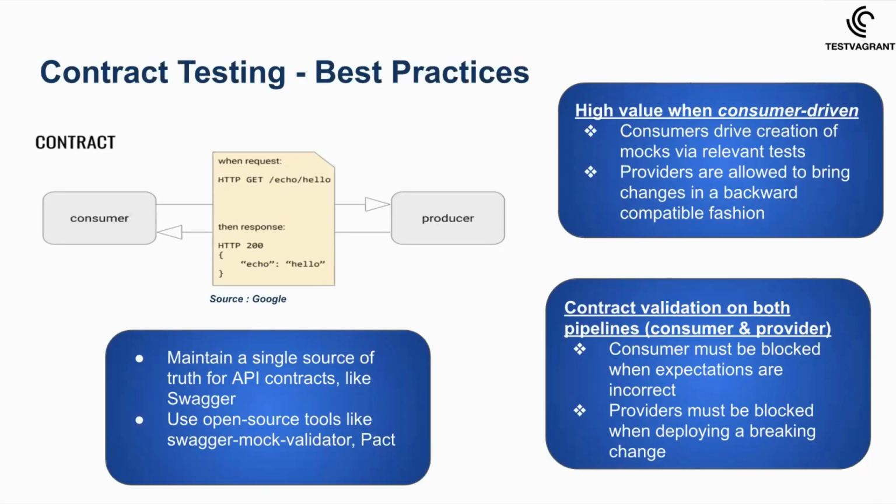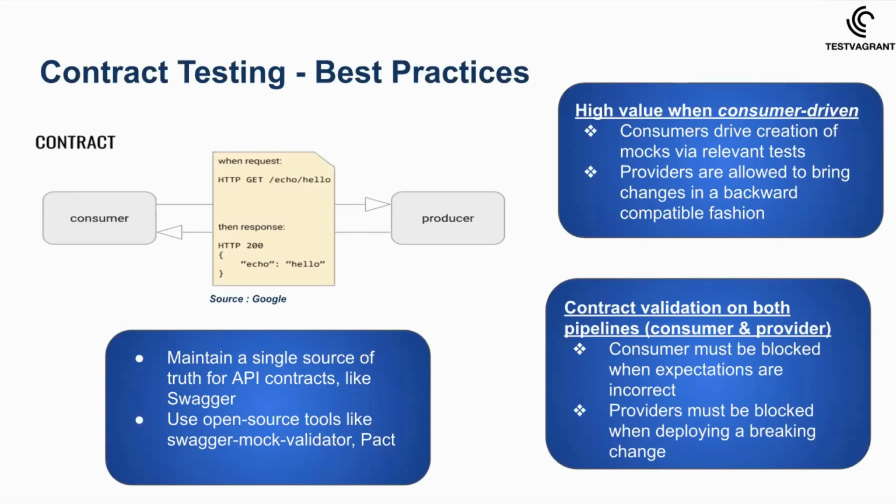Let's say instead of test, they wrote TAST. Now this TAST key is not found on the Swagger spec or on the provider side. So the consumer test would fail. It will tell you, hey, this field is not available. And you get to know, oh, I was expecting something wrong, right? So your consumer pipeline needs to have these contract validations to make sure that you're not expecting something which the provider doesn't really give.